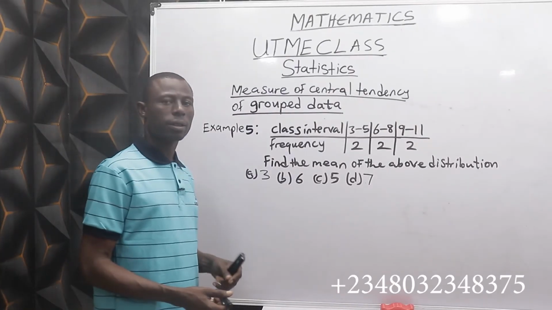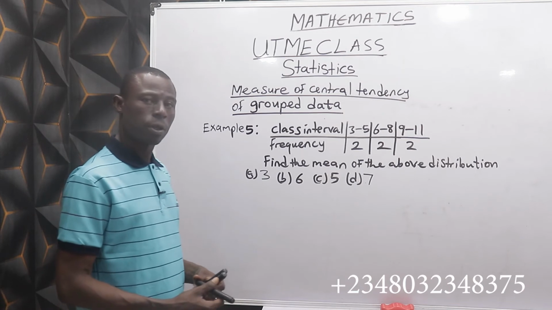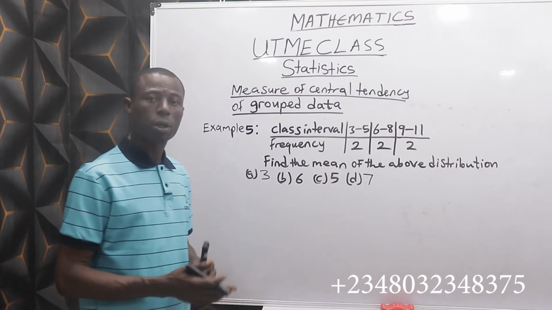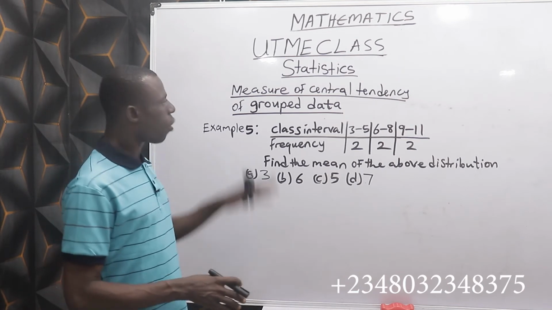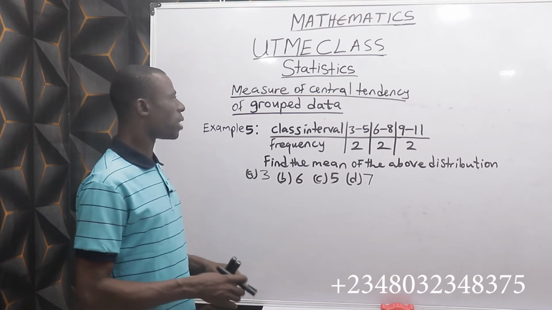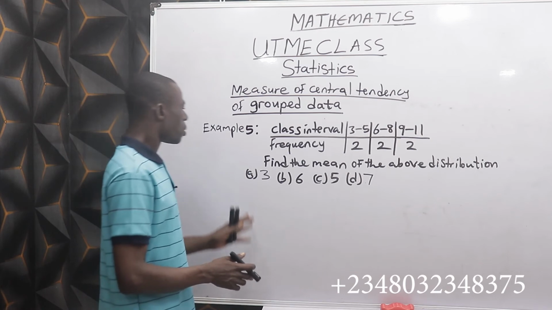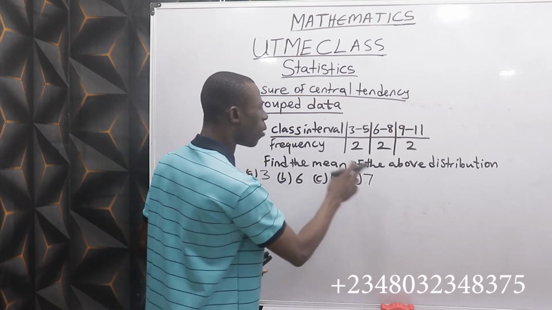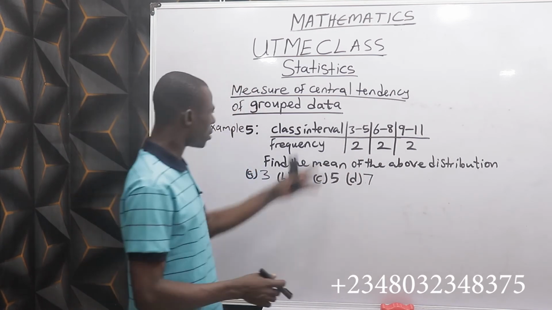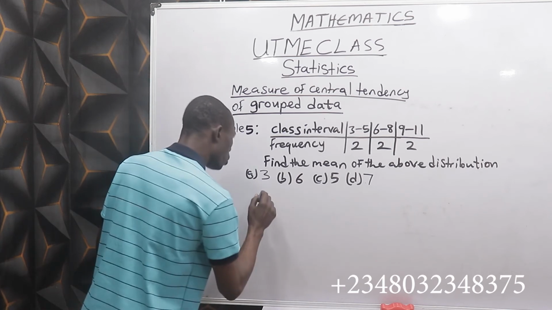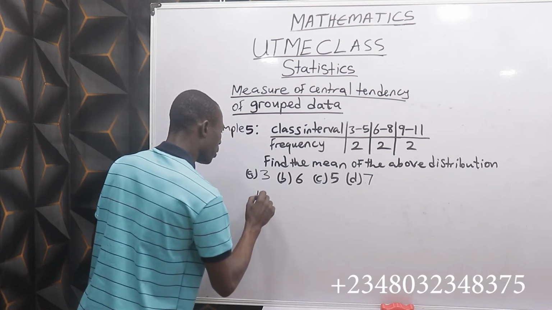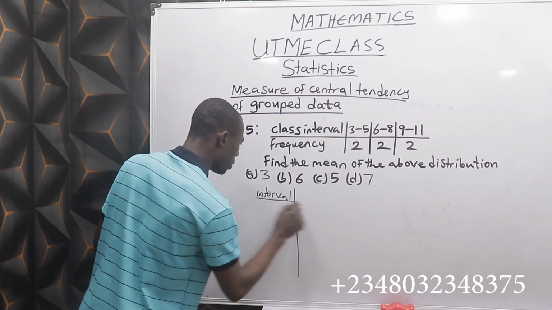Let's consider example 5, which is going to be where we are going to draw curtain under measure of central tendency of grouped data. So find the mean of the above distribution. This is the table. So what do we do? We write interval quickly.